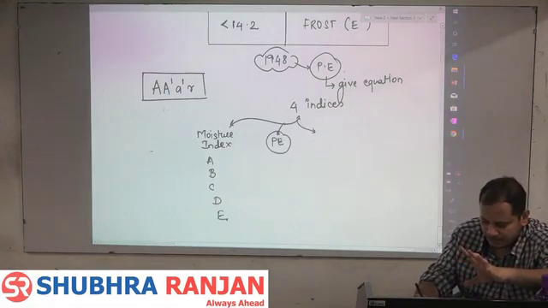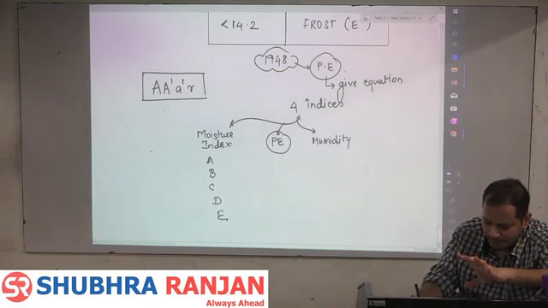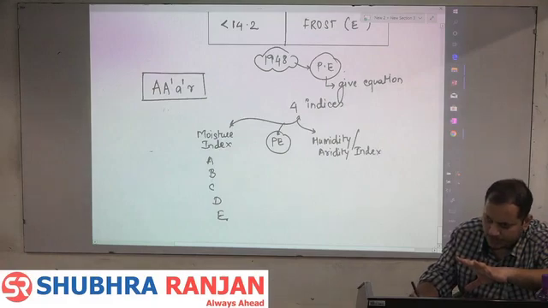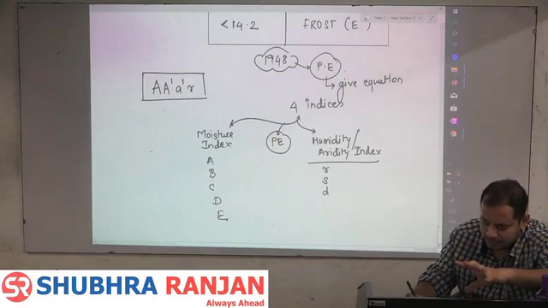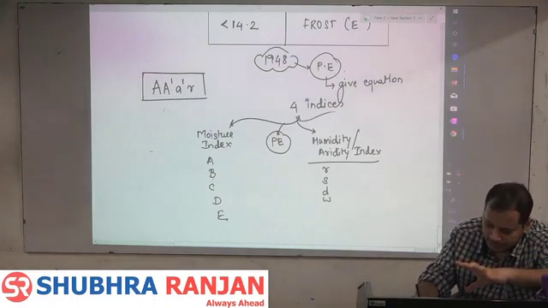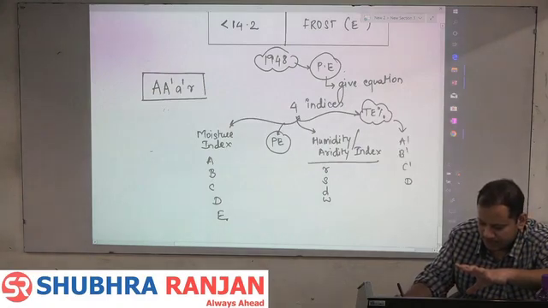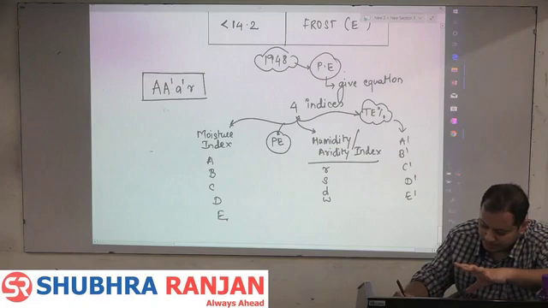Third index, humidity or aridity index. And based on this, he divides them into R, S, D, and W. And lastly, thermal efficiency index, in which he divides the climates into A dash, B dash, C dash, D dash, E dash, which are further divided into smaller A, B, C dash.